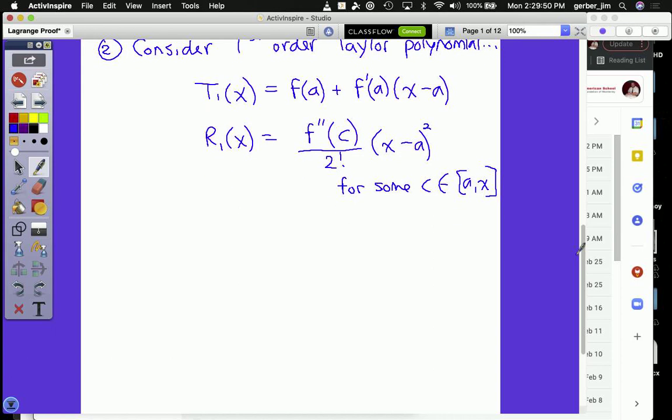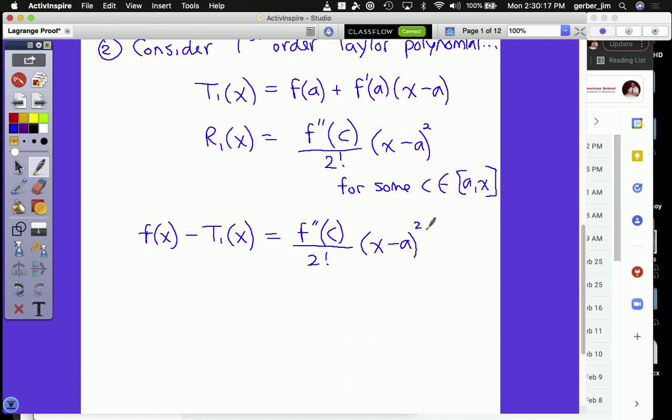And again, by subtracting, I get that my error is what f at x is minus what my Taylor polynomial claims it is. And that error has to be f double prime at c over 2 factorial times x minus a quantity squared.